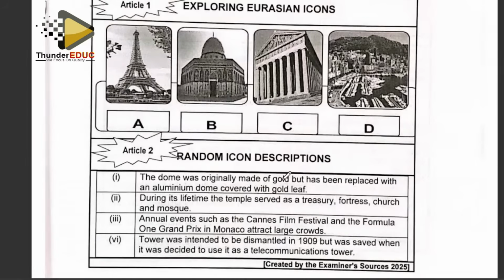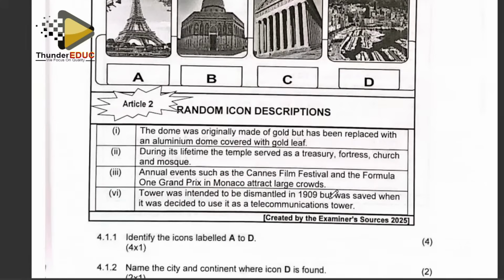During its lifetime, the temple served as a treasury, fortress, and church and mosque. Annual events such as the Cannes Film Festival and Formula One in Monaco attract big crowds. Then tower was intended to be dismantled in 1801. So identify icons labeled A and D.